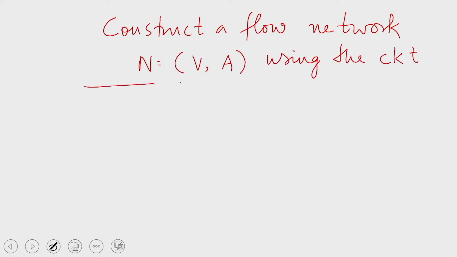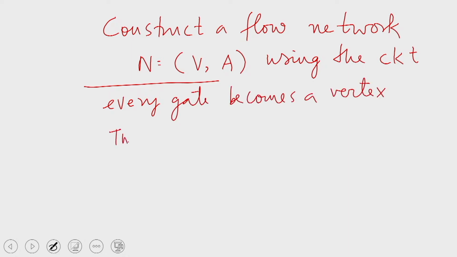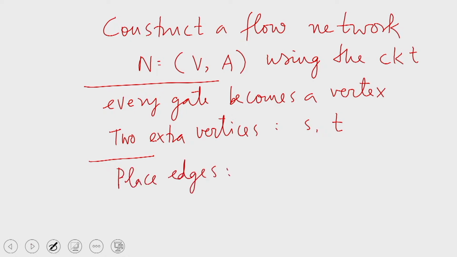So in the flow network, every gate becomes a vertex, and there are two extra vertices named S and T. These will function as the source and the destination of the flow network, and then we place edges. Now what are the edges like?